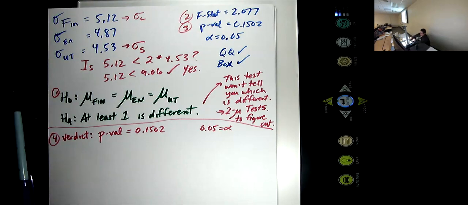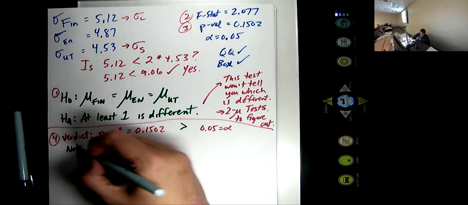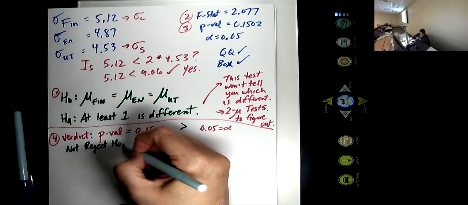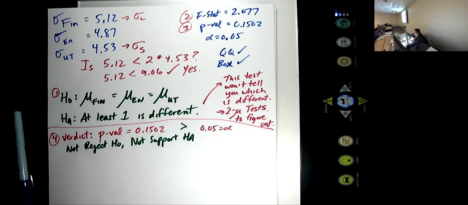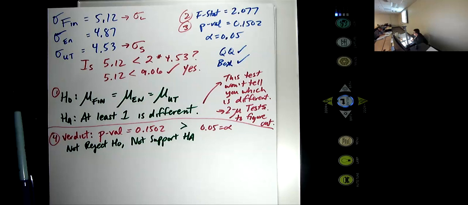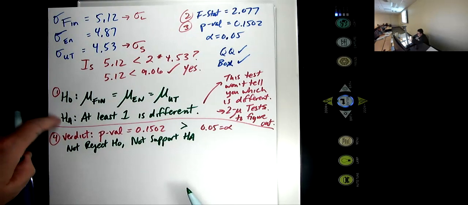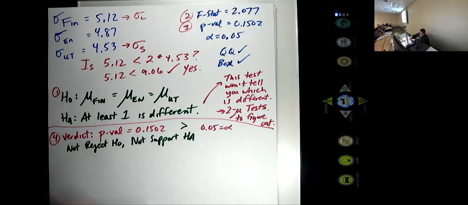And I have p-value looks like it's greater than alpha. So what does that mean? We do not reject H naught. Not support HA. So it means there's not enough evidence. HA was this one, at least one is different.